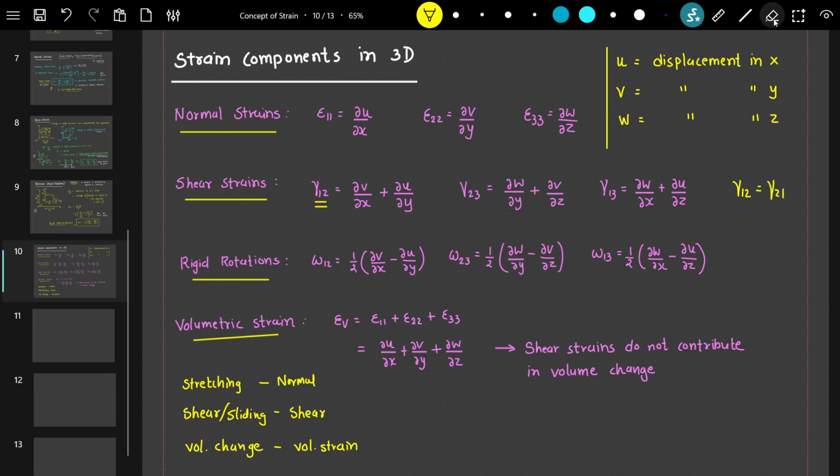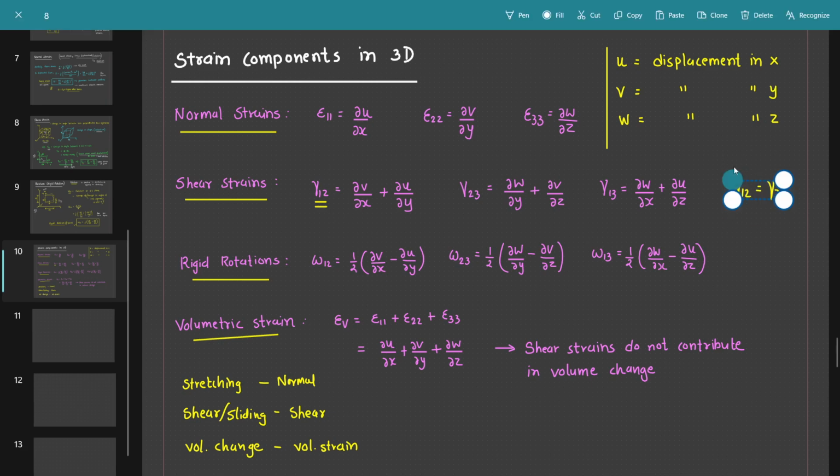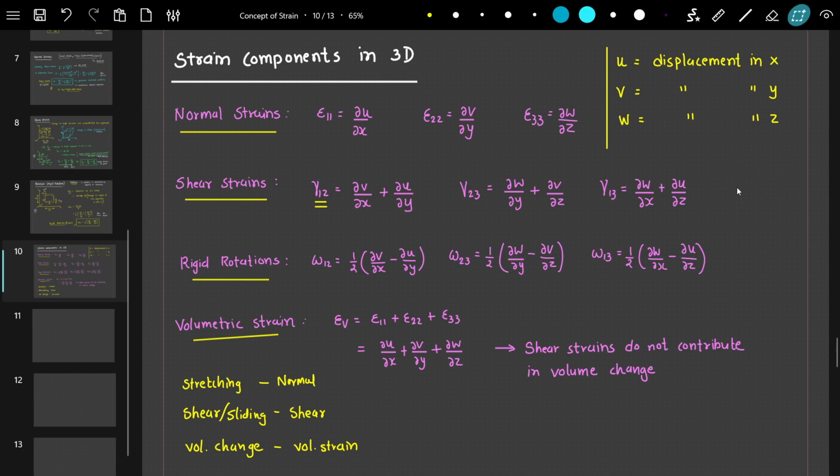Or in general, I can write gamma ij is equal to gamma ji. Okay. So three normal strain components and six shear strain components.